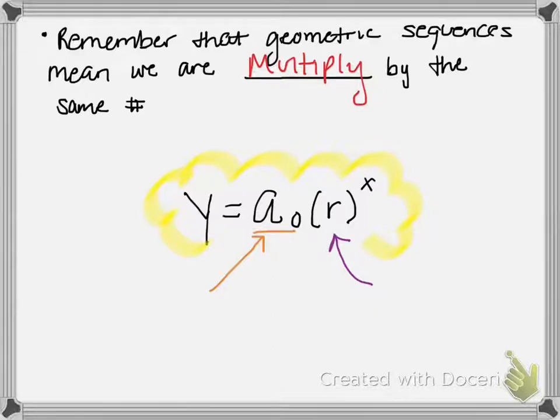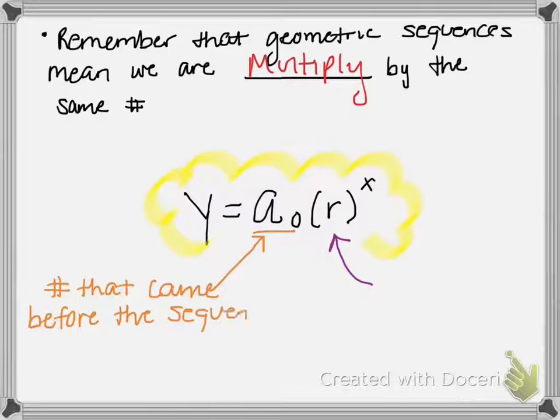So a sub 0, inside of that box that you're going to write down in your notes, is the number that came before the sequence started.